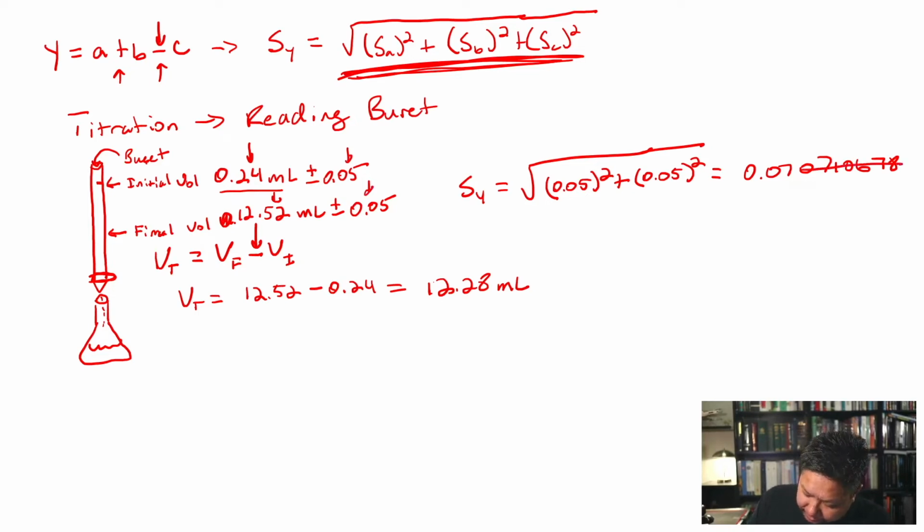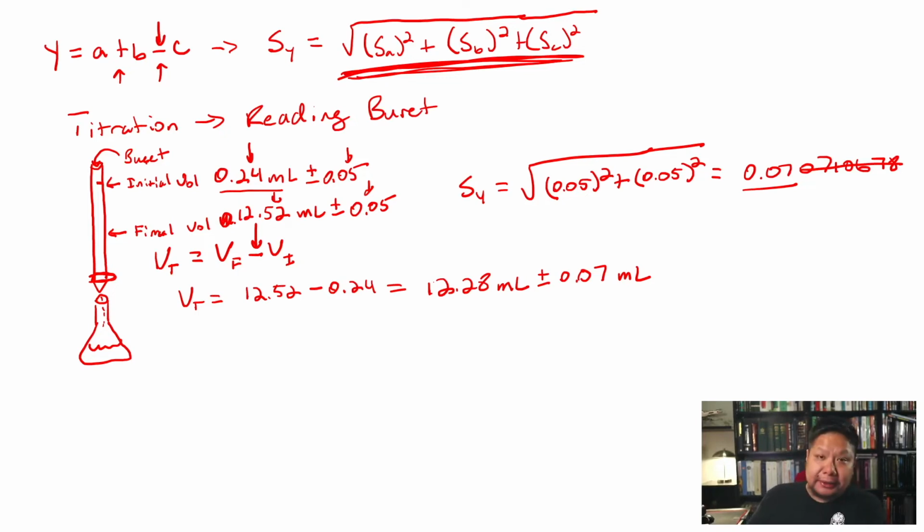And so now our uncertainty is 0.07. We'll report this as 12.28 milliliters plus or minus 0.07. That's how we would report that. If you want it to be really complete, you can always put the unit again on the end, mL.